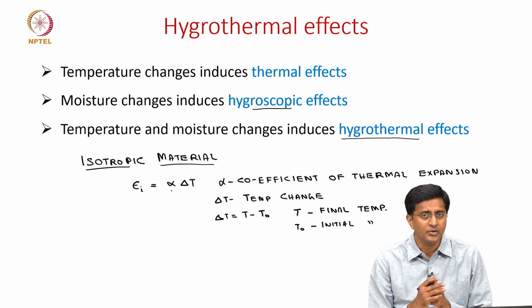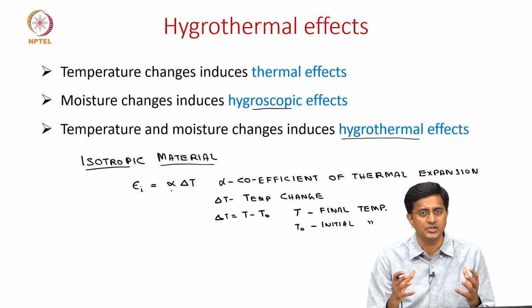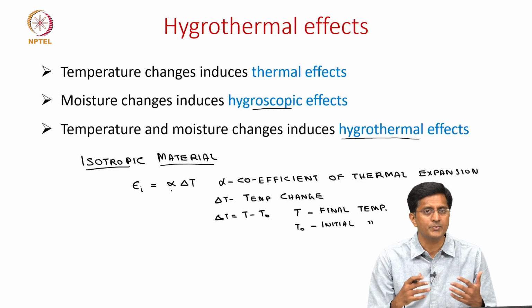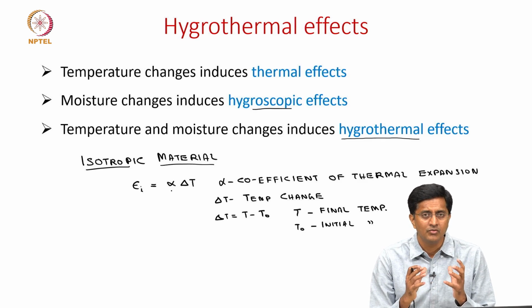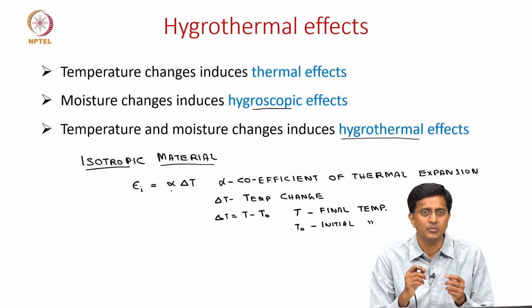But another important point is what happens when there is a temperature change? Do we see only the normal strains or do we expect to see the shear strains? The answer is we only expect the normal strains to change, meaning strains in the x, y, and z directions will be increasing.